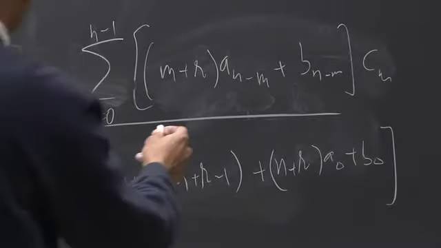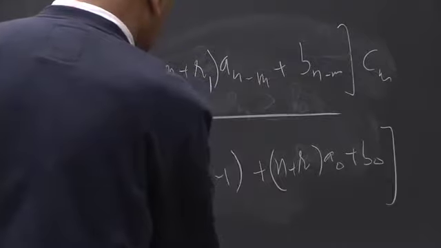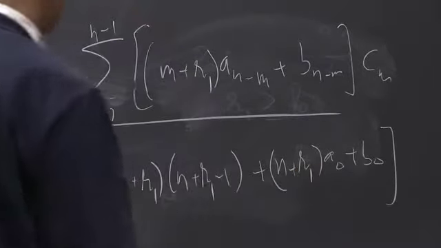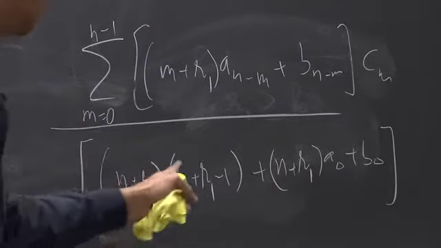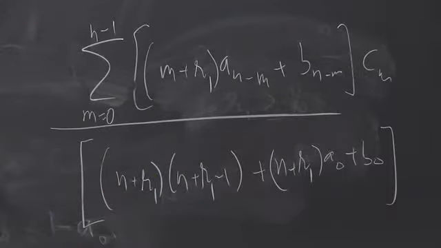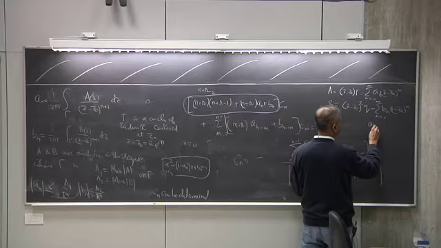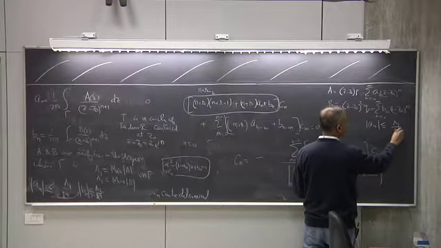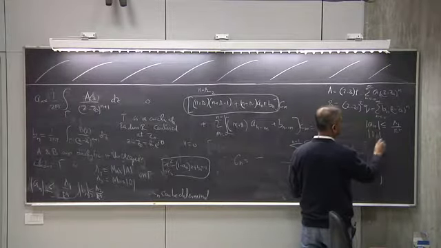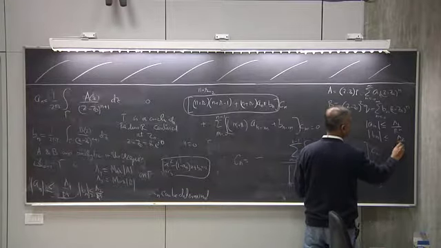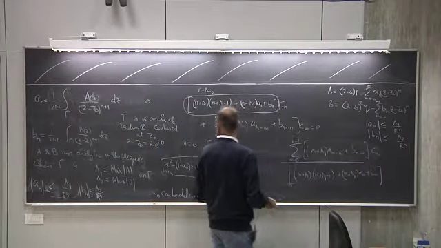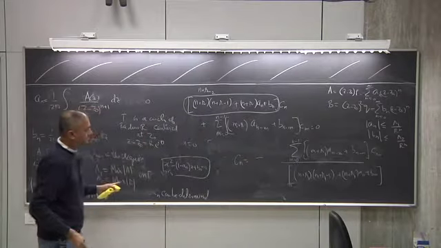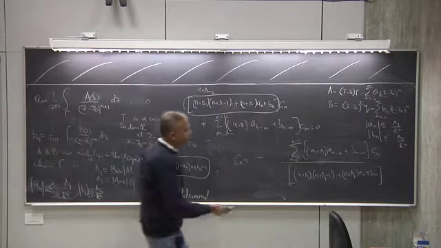Remember, here I have chosen R1, so everything is R1. Let me write down this estimate here: an is less than or equal to lambda 1 over r to the n, and similarly bn, where lambda 1 and lambda 2 are max of A and B.